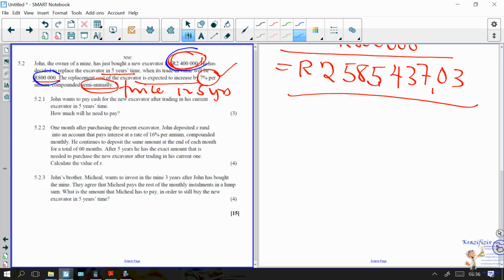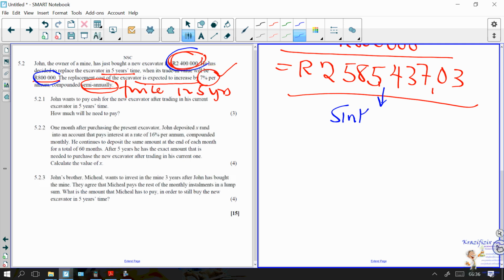John knows that the new machine will cost what, 3.385. Now John needs to save 2,585,000. This is what you call your sinking fund. What John needs to save. And to save this, John needs to deposit money in the account every month. Whatever he deposits is called X.